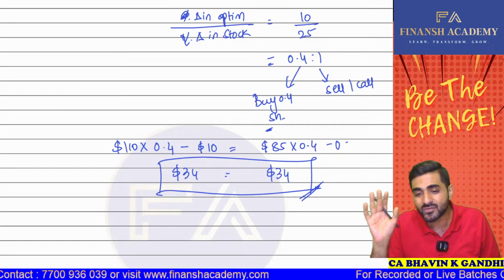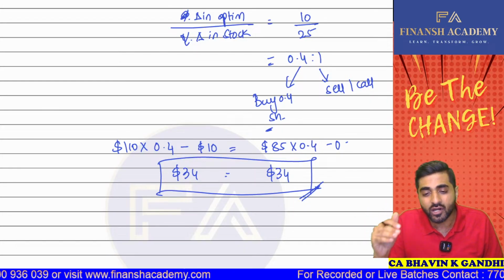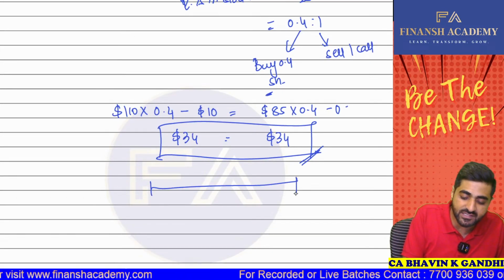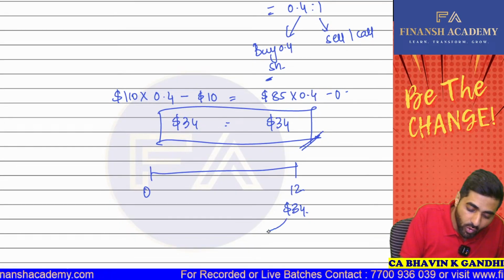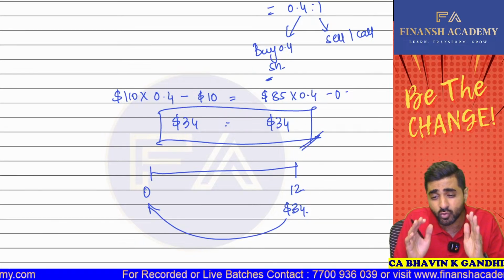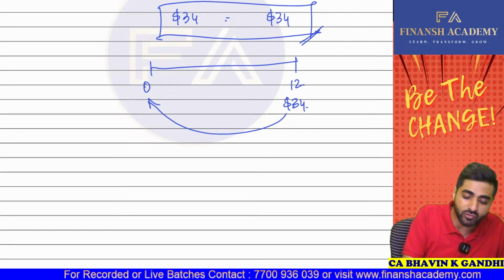Now, my dear students, once we get this $34, it is towards the end. So this is 0, this is 12. This is $34 towards the end. So what should be the price today? In this particular case, for the price today I have to take the discounting and bring it to the present value term.